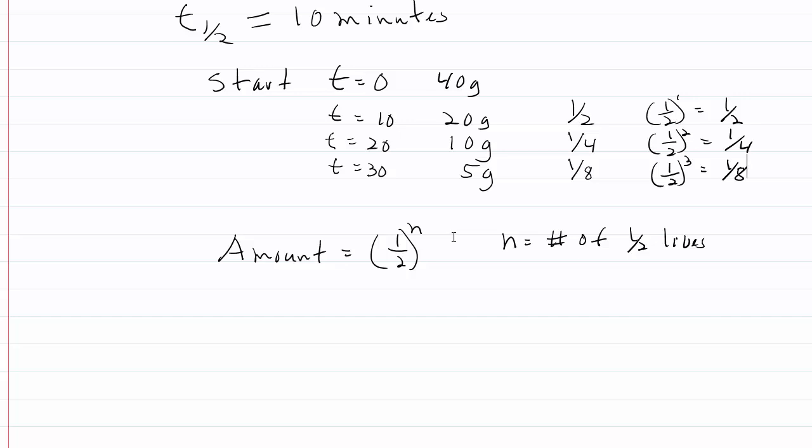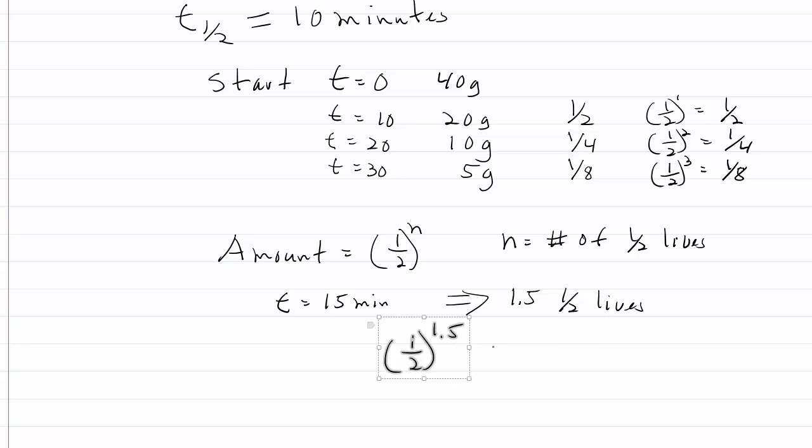So if the T equals 15 minutes, then that's 1.5 half-lives. Okay, and so the amount that remains would be 1/2 to the 1.5. So 1/2 to the 1.5, using my calculator, I get 0.3535.